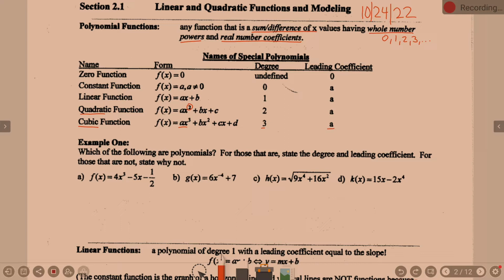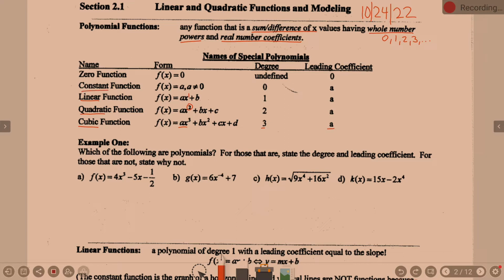And notice that is x to what power? X to the first, right? So it's a linear function. X to the first is the highest power, leading coefficient a. A constant function is when it's just a number. There's no x's. So a constant function is just f of x equals a.